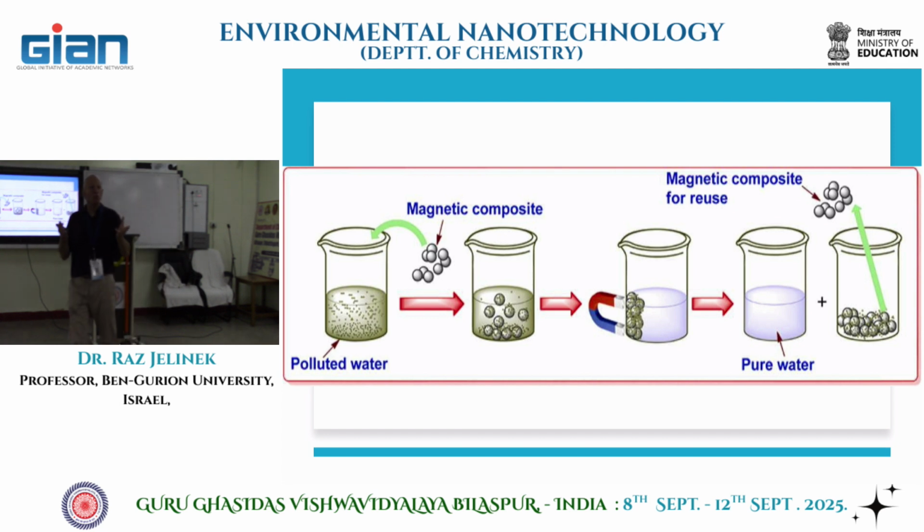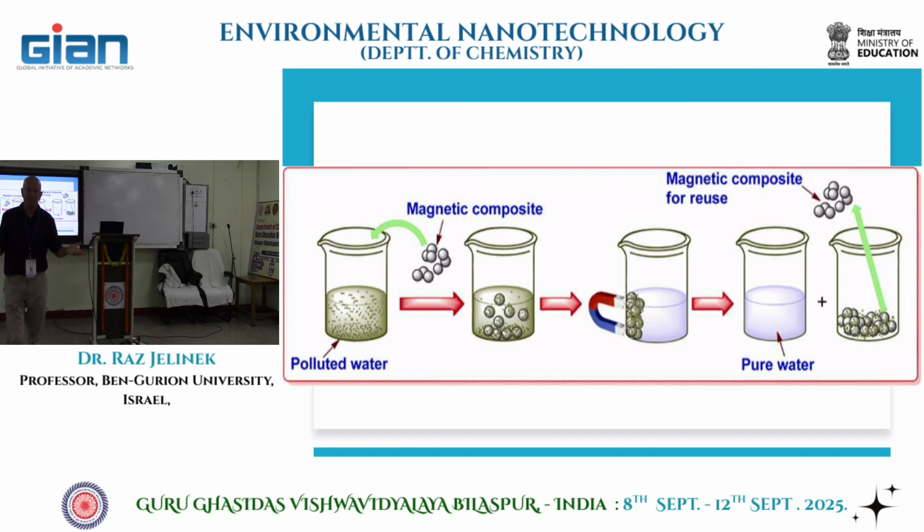Now, why is it good to have magnetic nanoparticles? If we have magnetic nanoparticles, we can control them externally with a magnet. Just like we have here. If these nanoparticles are magnetic, we'll have a magnet, in this case, outside this container, and all the nanoparticles will come towards the magnet.